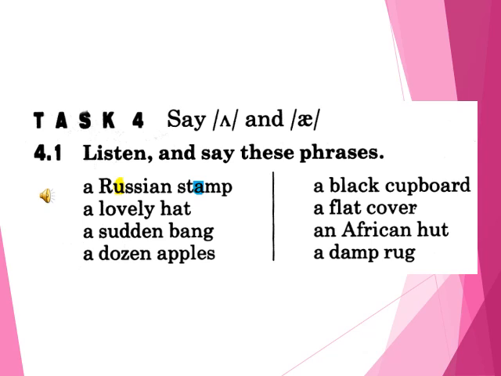In the second example, you have lovely. The O is pronounced like the central A, lovely. Hat. See the contrast? A Russian stamp, a lovely hat.